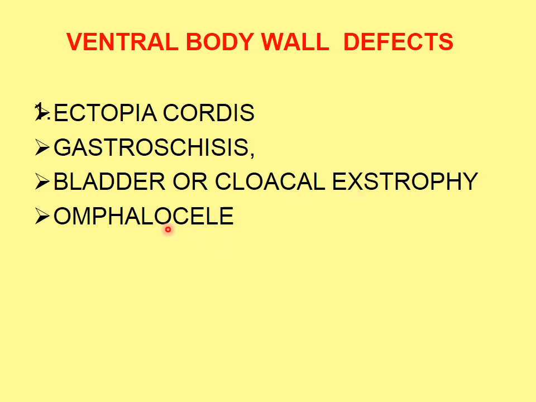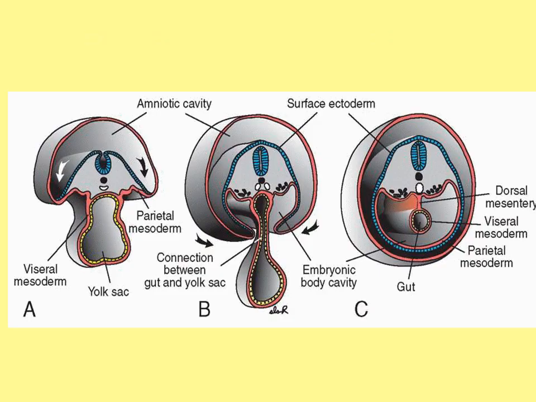And omphalocele is actually the failure of physiological herniation, in which the gut tube enters into the umbilical cord, but fails to return back into the abdominal cavity. So that is omphalocele.